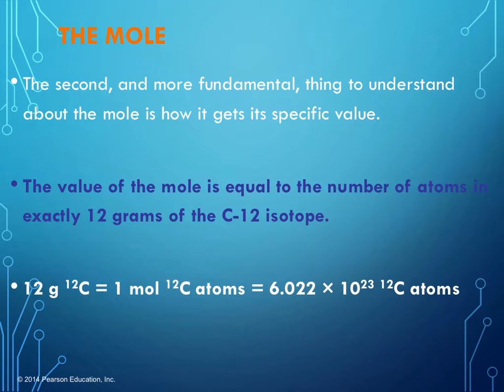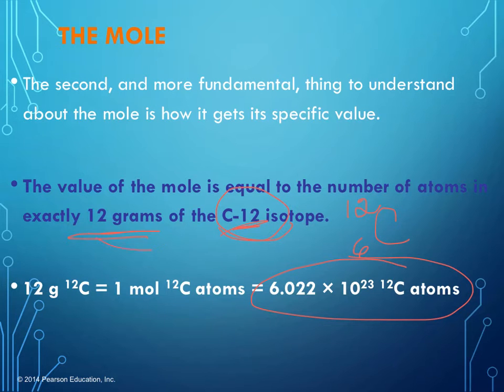All right, so here's how we get Avogadro's number, 6.02 times 10 to the 23rd. It turns out that if you weigh out exactly 12 grams of carbon-12, and hopefully from the previous lecture you've learned what that 12 means. That's the mass of this particular isotope of carbon, which is the most common isotope of carbon.